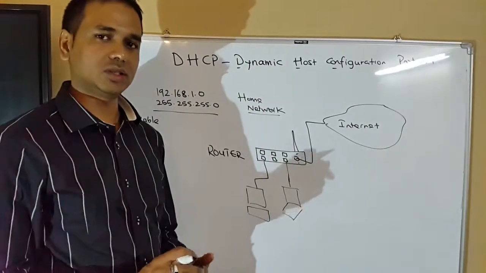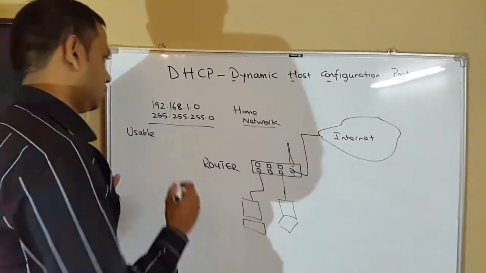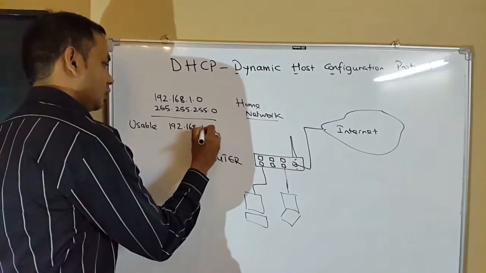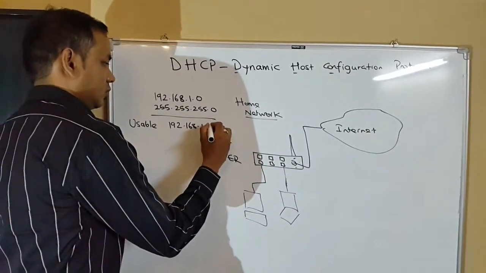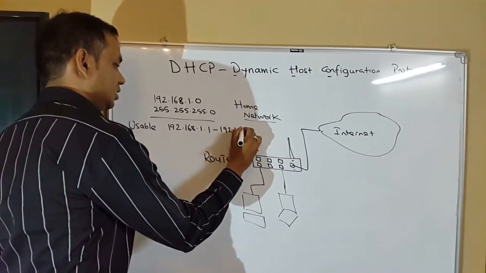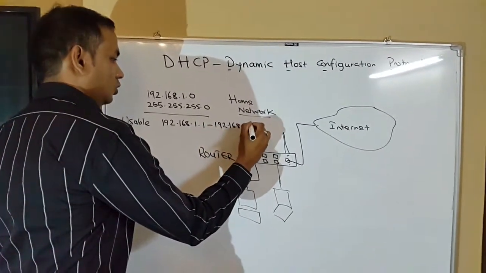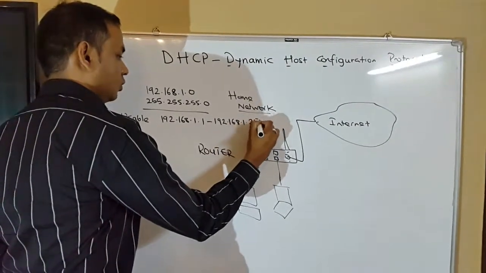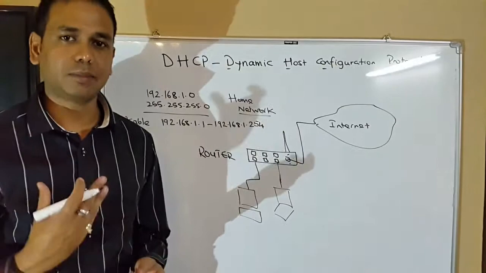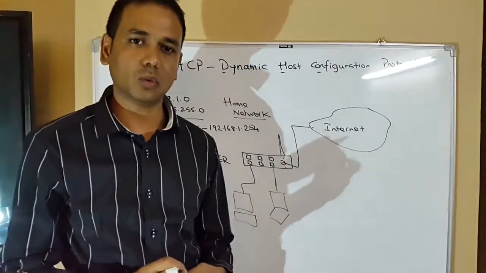Your usable IP addresses start with 1 and end with 254: 192.168.1.1 to 192.168.1.254.